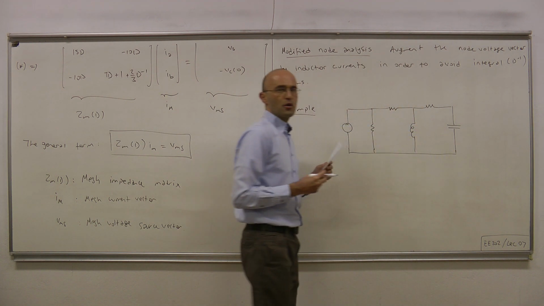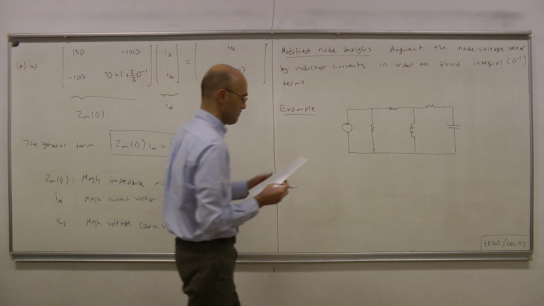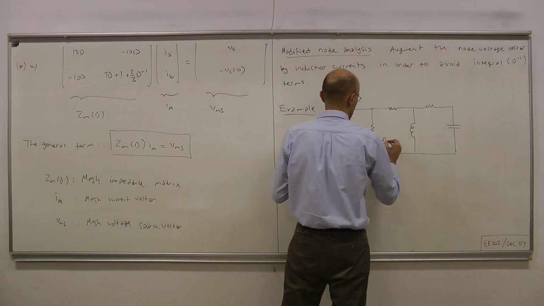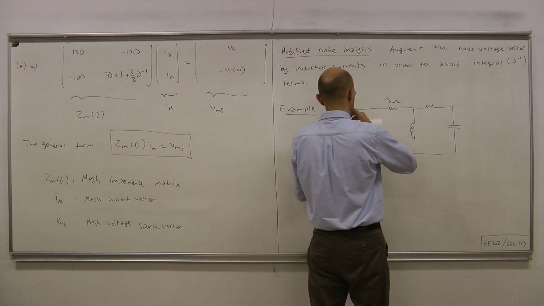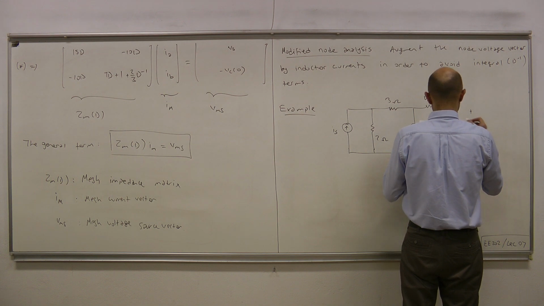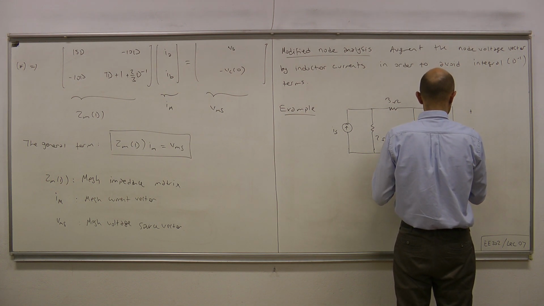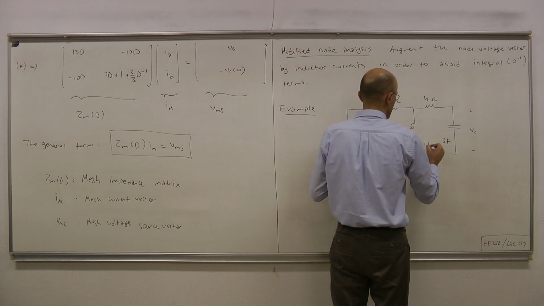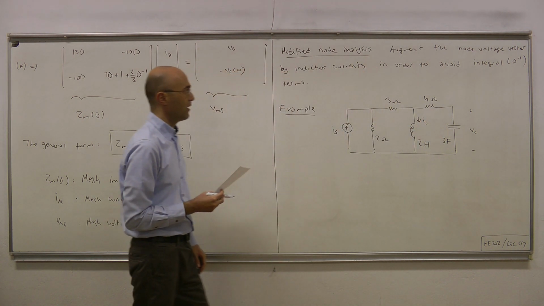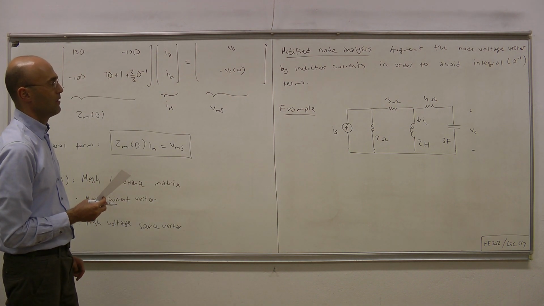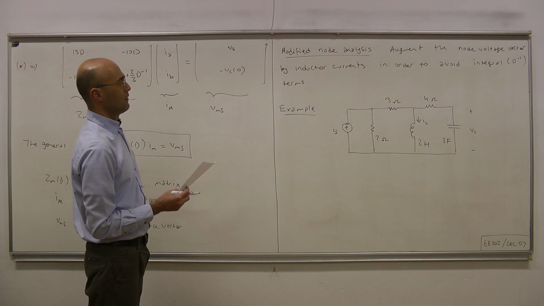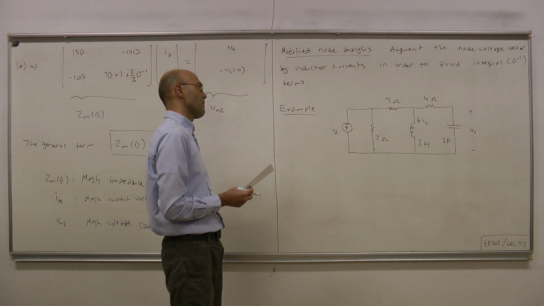Okay, so it's a second order circuit, one inductor and one capacitor. We have a single source IS, 2 ohm, 3 ohm, 4 ohm, plus minus EC, 3 farads, 2 Henry, and this is our inductor current wire. Okay. We will now try to obtain the formulation for the circuit in terms of node voltages.